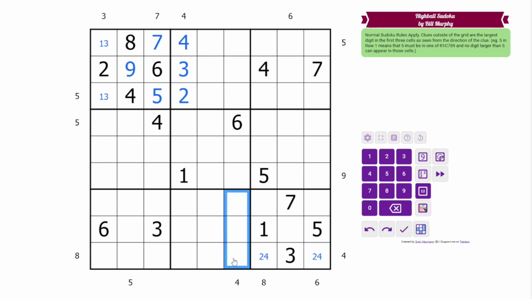The largest digit here is also 4, so the only thing this can be is 1, because 2, 3, 4 are in the row. And these are from 2, 3, 4, and we do have a 4 in one of these cells that we need to keep track of. I'm missing the 4 up here, that resolves the 2, 4. And now the largest digit in these is forced by the clues, because those are the last place for those digits. And that's a 9 again.